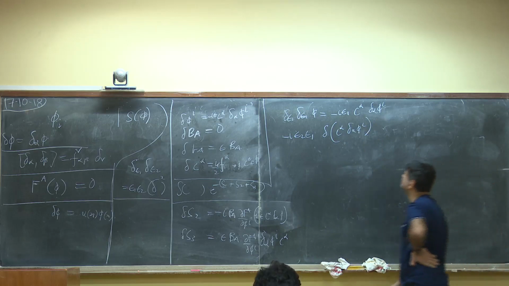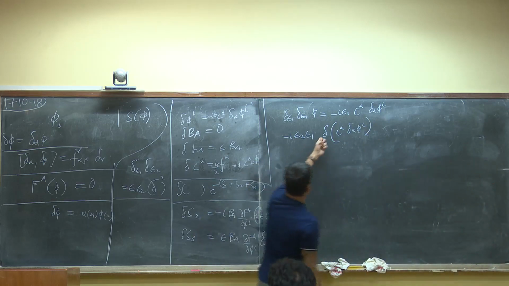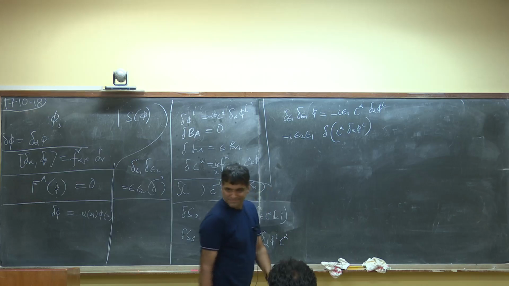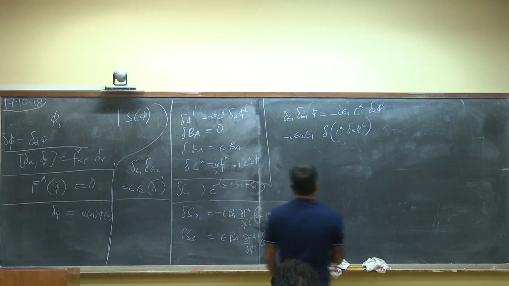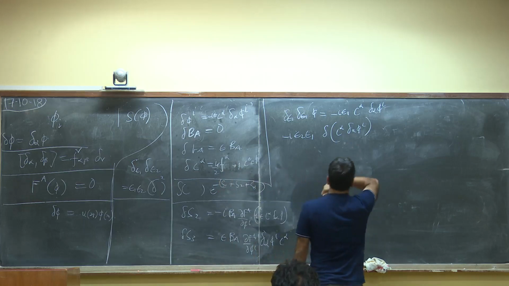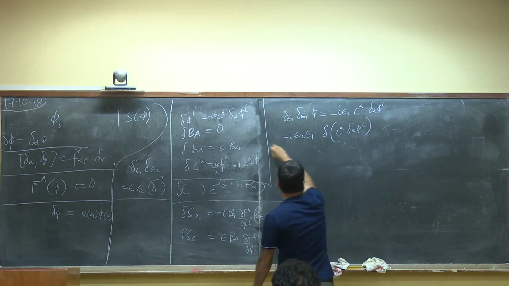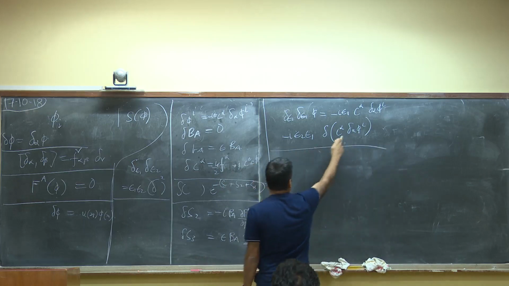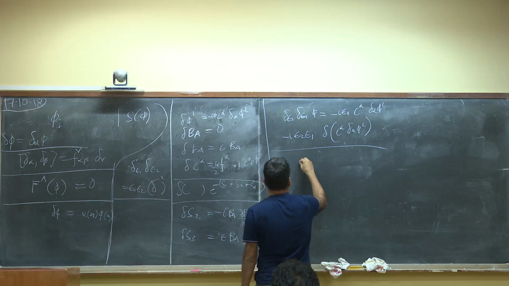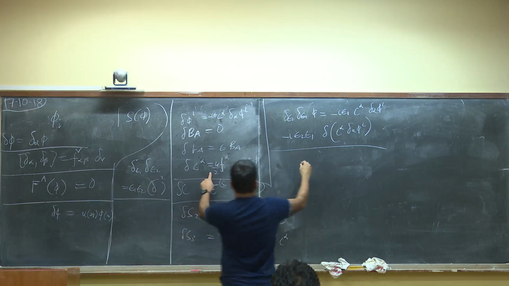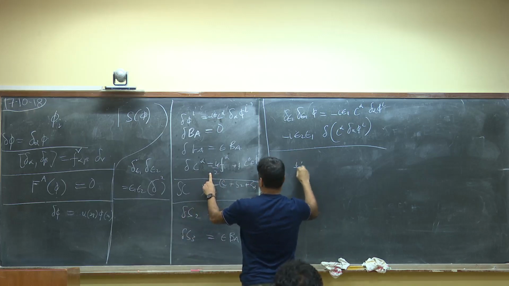So we just want to check that this is 0. But this has two terms. The first term: let's take the change in C. So that is plus i by 2.